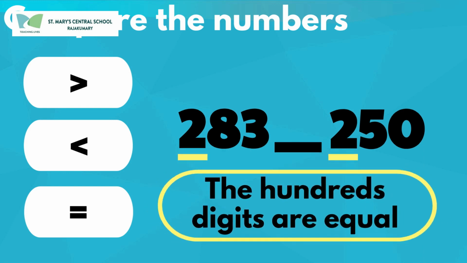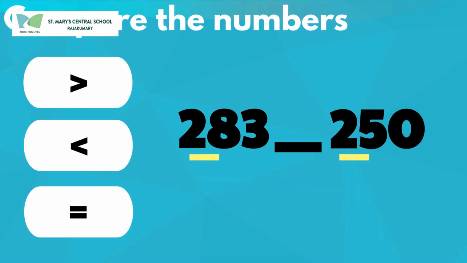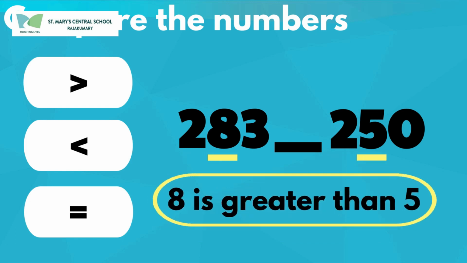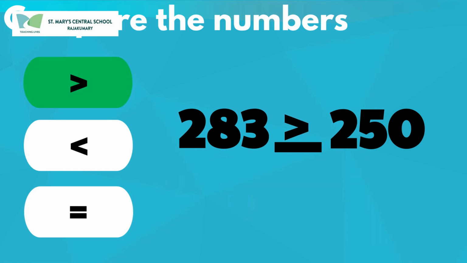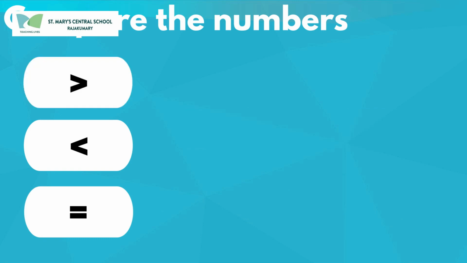The digits are equal in the hundreds place. Moving on to the tens place. 8 is greater than 5. So the answer is greater than. 283 is greater than 250.